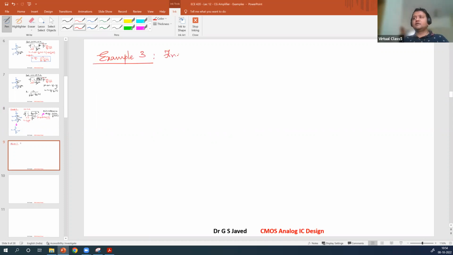Find R out. What is the circuit? NMOS device, NMOS device, VB1, VB2. This is the ground, and this is this node. I want to find out what is the R out.